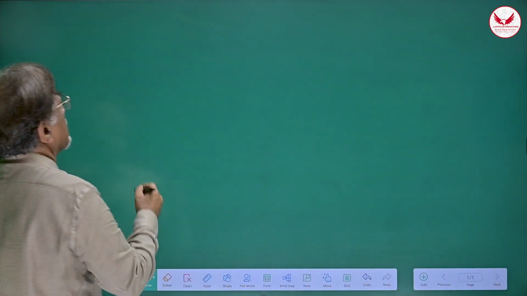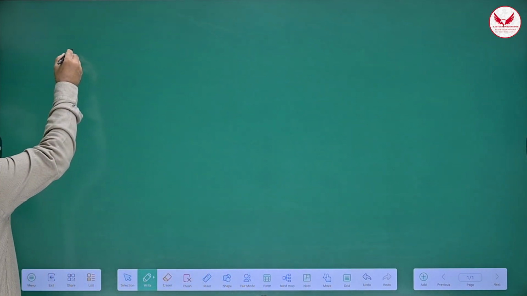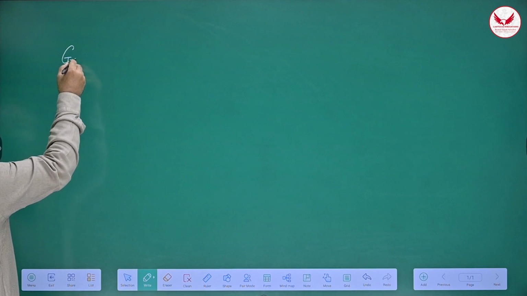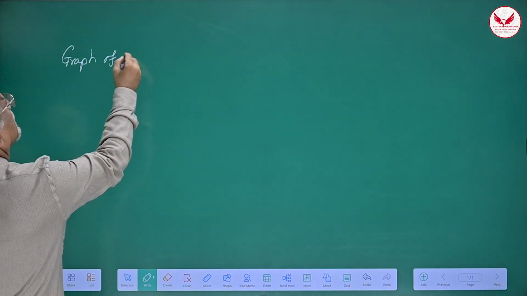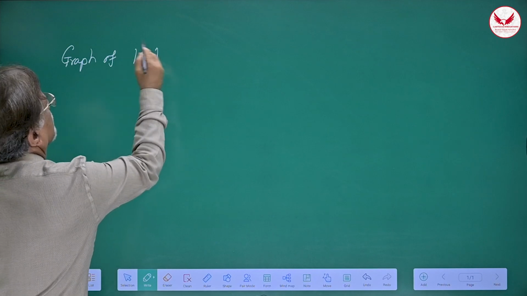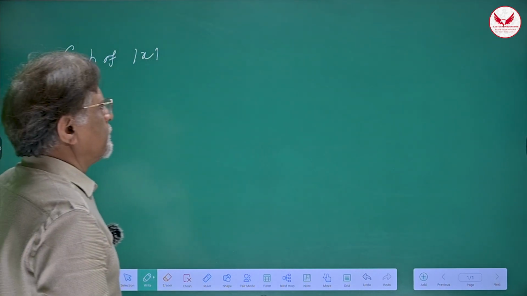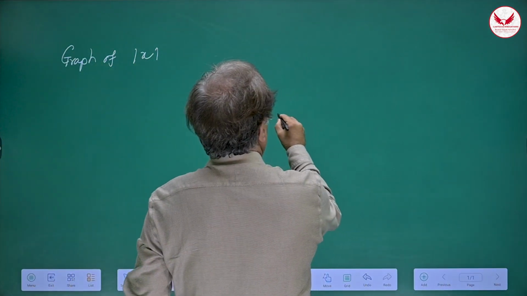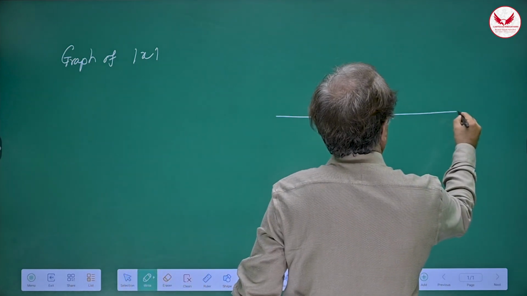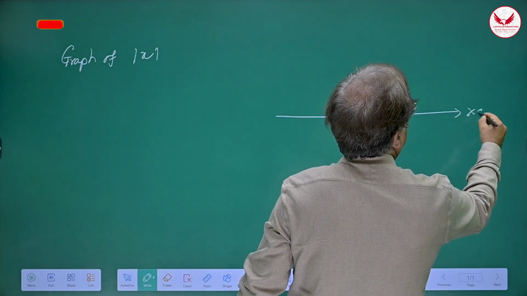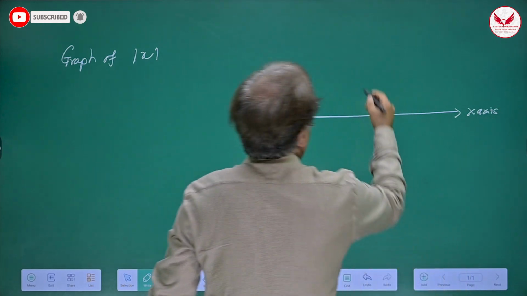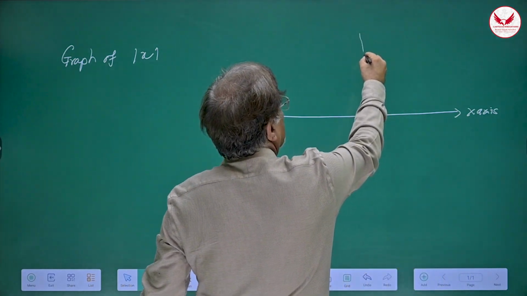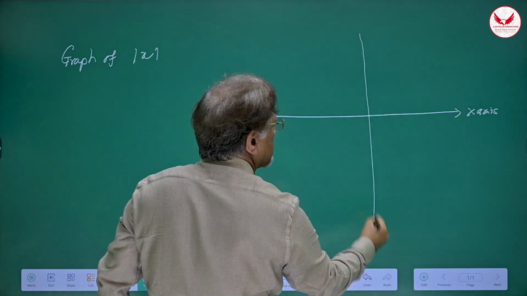Okay. Now graph. Graph of mod x. For graph, we need to draw x-axis and y-axis, right?